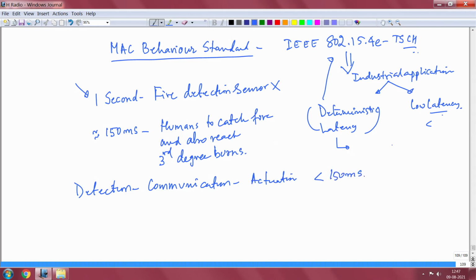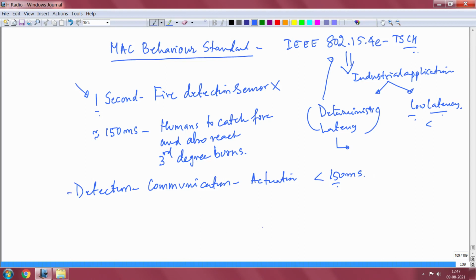Now if your detection is good but your communication comes every 1 second, it is no good, right. So that is what we are trying to say. If you have to meet this hard deadline, you need a medium access control which will give you low latency, and that is indeed our target.